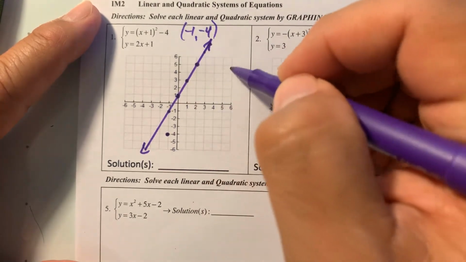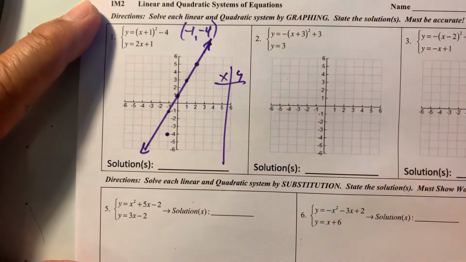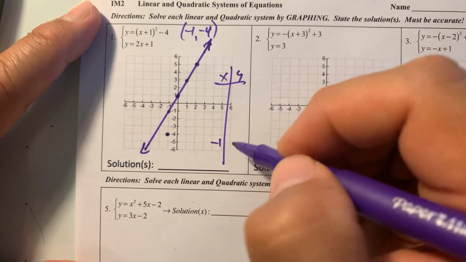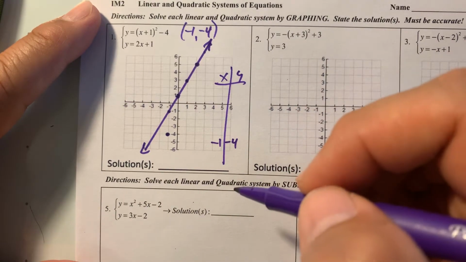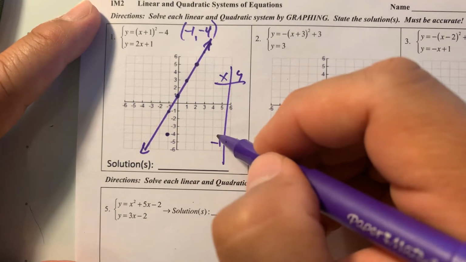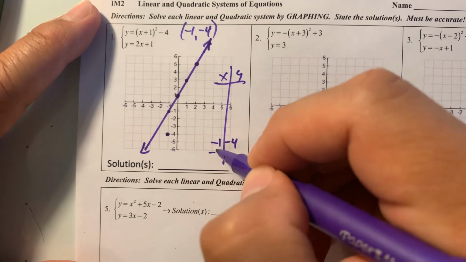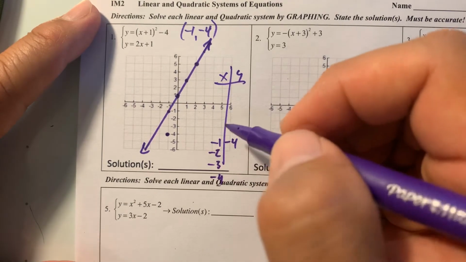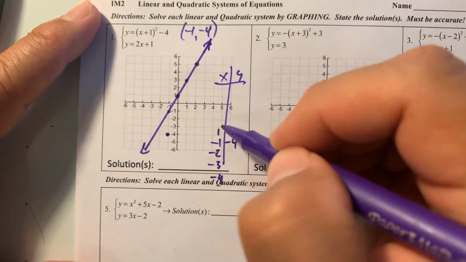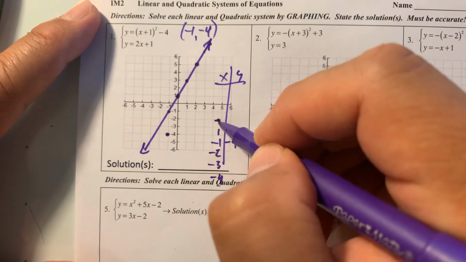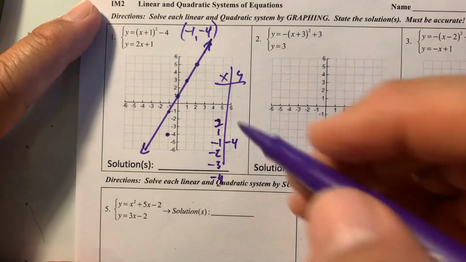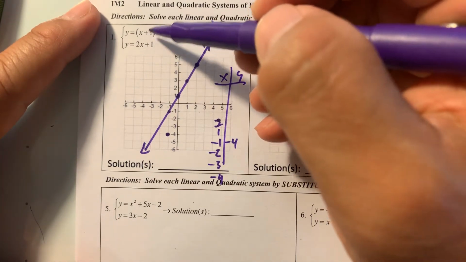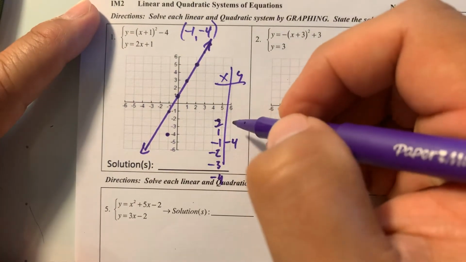From there we're going to need to make a table to figure out what's going on with this parabola. I'm going to plug in different values. We already found the vertex, so when we plugged in negative 1, we got negative 4. Let's try some different values: negative 2, negative 3, maybe negative 4, and then 1 and 2. If we plug in 1, we get 1 plus 1, which is 2. 2 squared makes 4, and 4 minus 4 is 0.